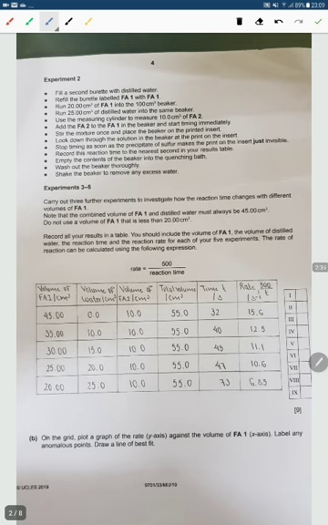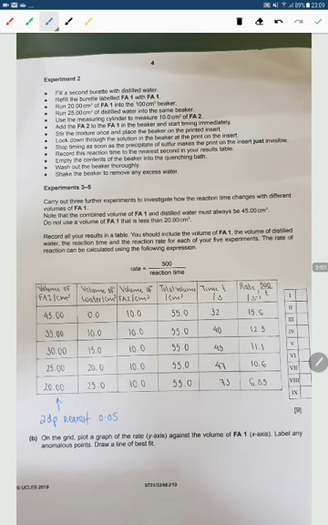From the experimental results that we have here for one candidate, it's very important that you measure and insert the values correct to 2 decimal places and to the nearest 0.05, because the measurement was done using a burette.